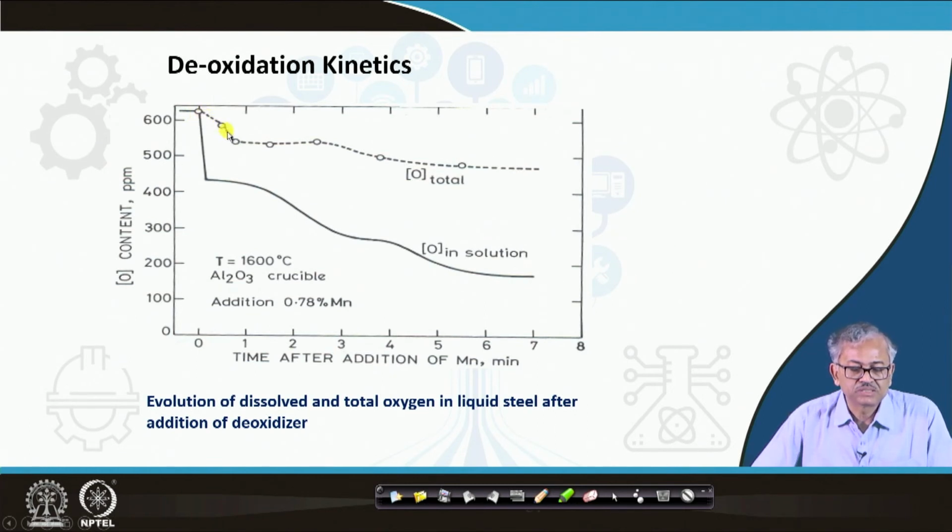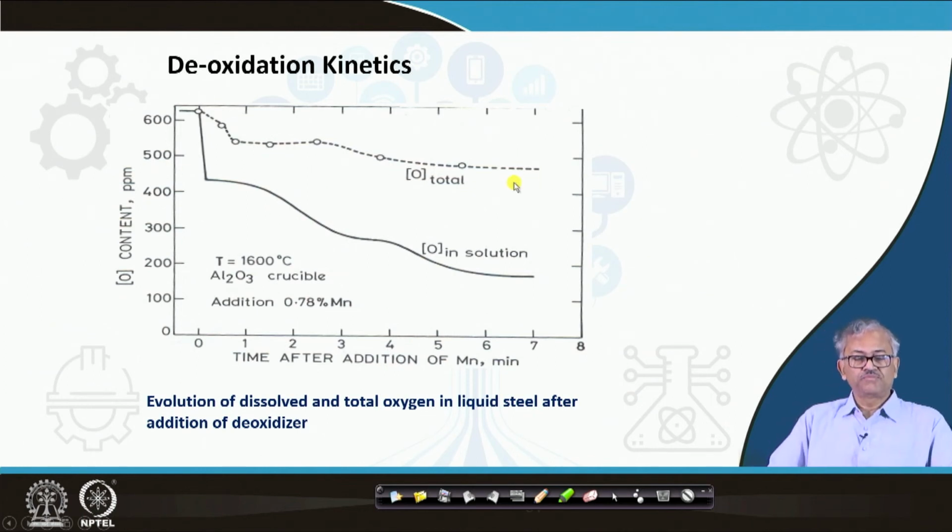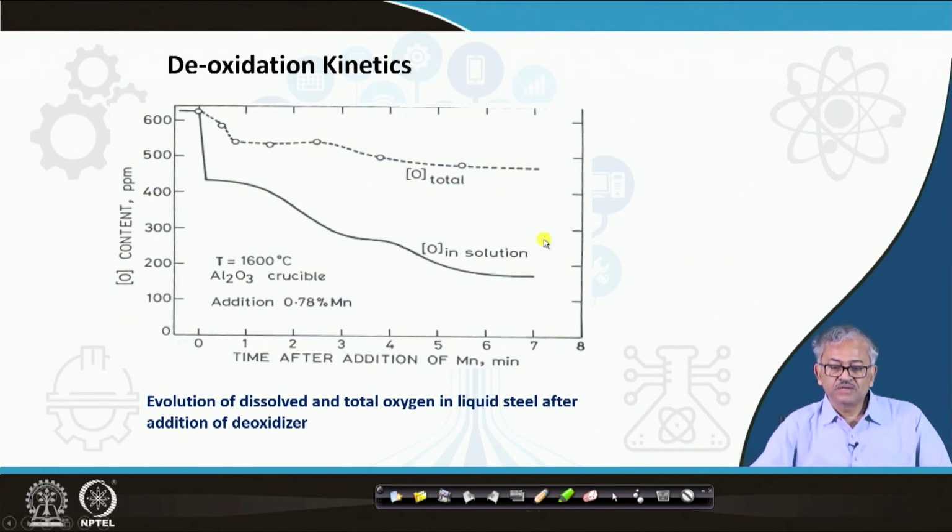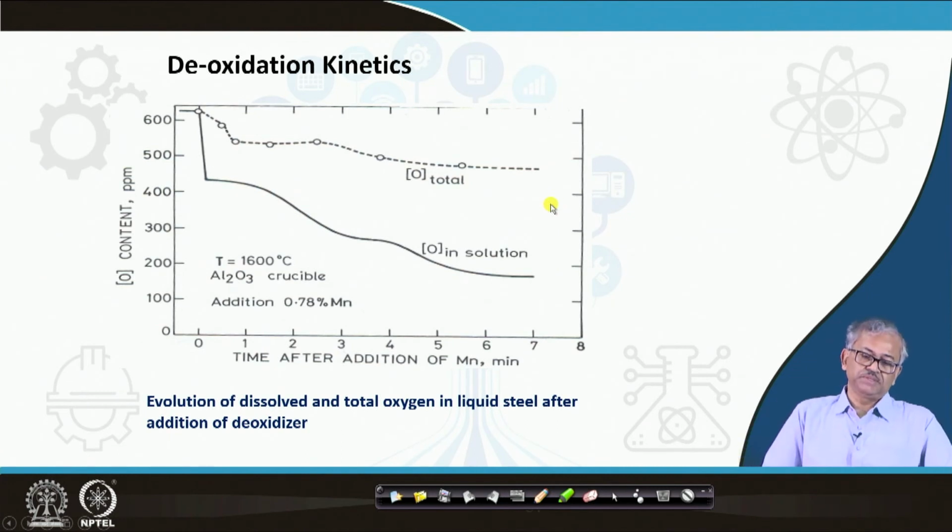It started above 600, and after 7 minutes it is only 500 ppm. So the dissolved oxygen is 200 ppm and your total oxygen is 500 ppm. So huge difference. What does it mean?